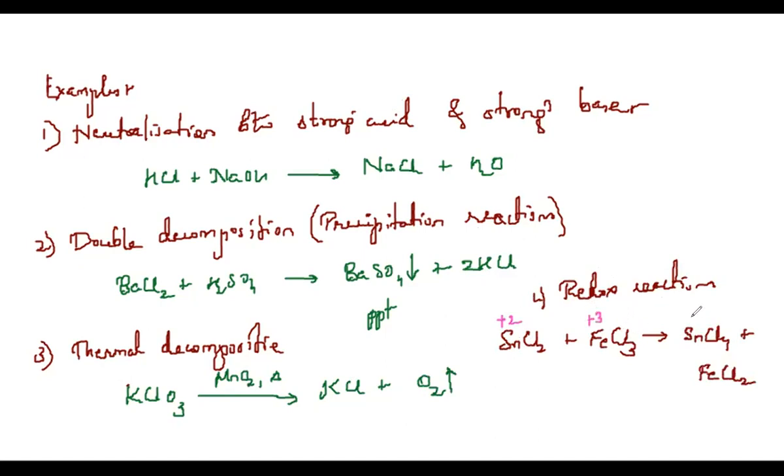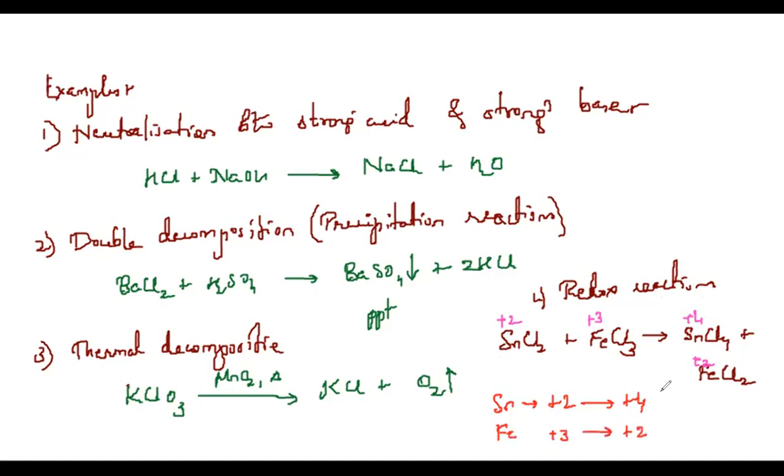And here Sn is +4, and Fe is +2. So you can see there is a change in the oxidation state of stannum, that is tin, from +2 to +4, and Fe changes from +3 to +2.